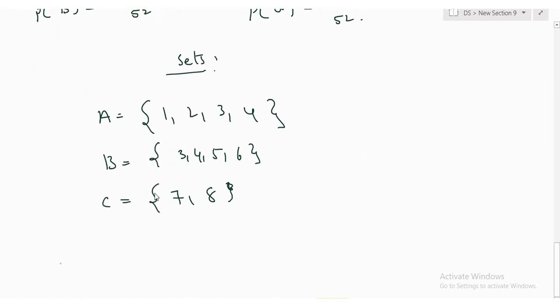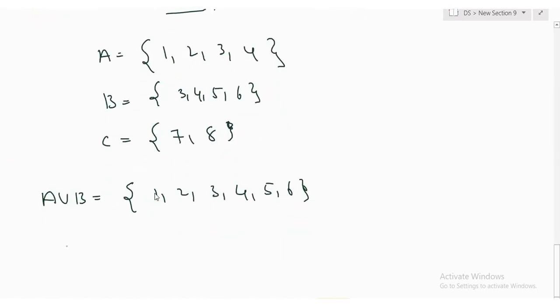Now, A union B. What is the meaning of this? I want to write all the elements which are there in A as well as in B. So 1, 2, 3, and so on. Don't write the duplicates, distinct elements only. In a set we need to write only the distinct elements.